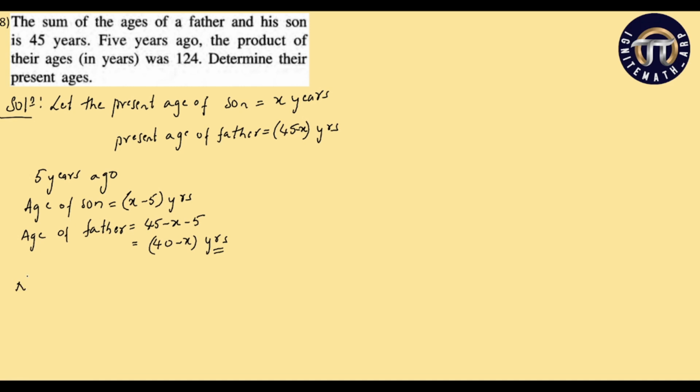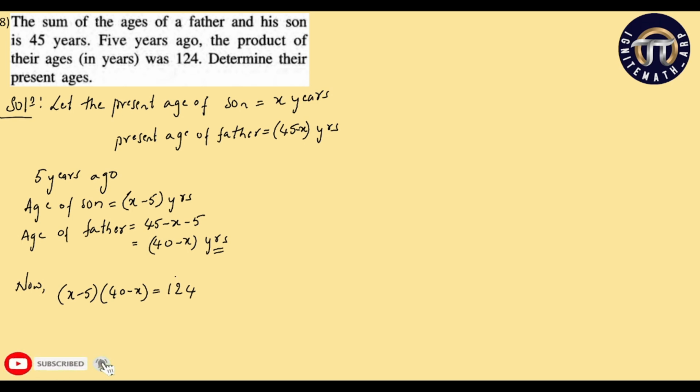So now what is the next part of the question? 5 years ago the product of their ages was 124. The age of son and age of father, when you multiply them, it was 124. Clear? Right.